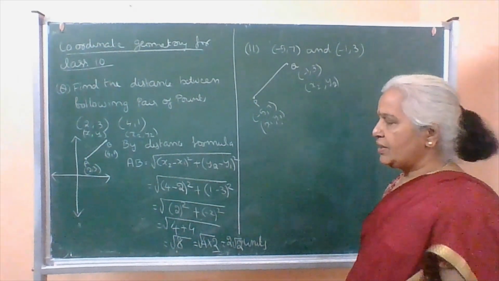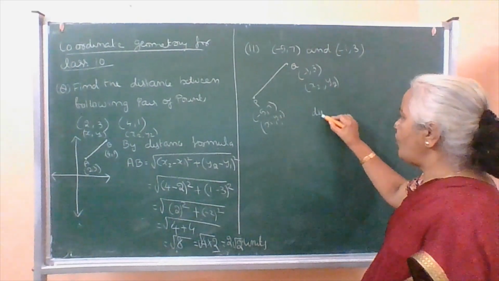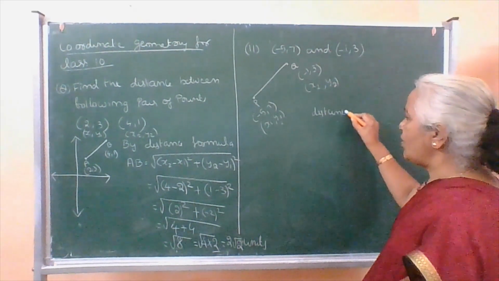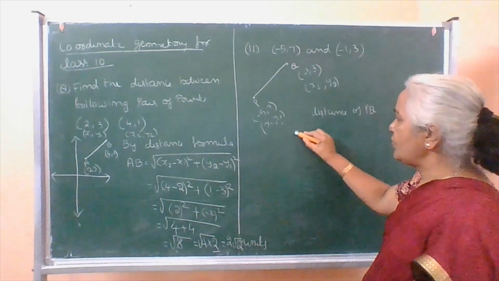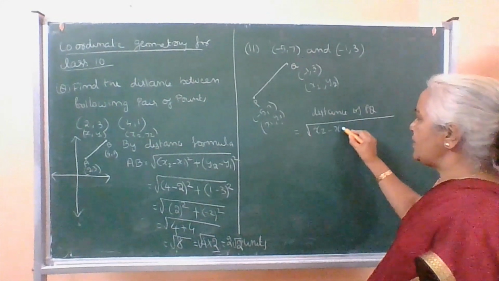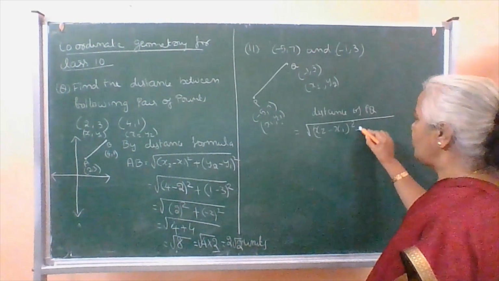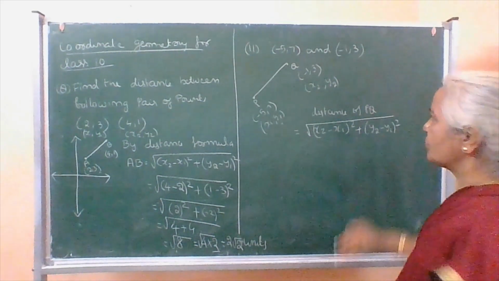Now from the distance formula, you know the distance of PQ is equal to the square root of (x2 minus x1) whole square plus (y2 minus y1) whole square.